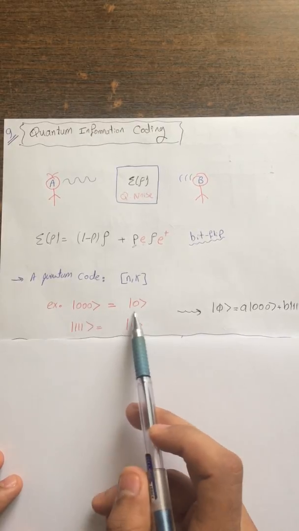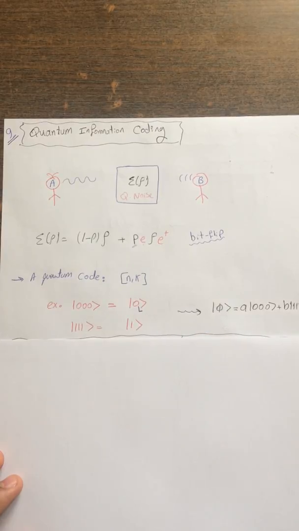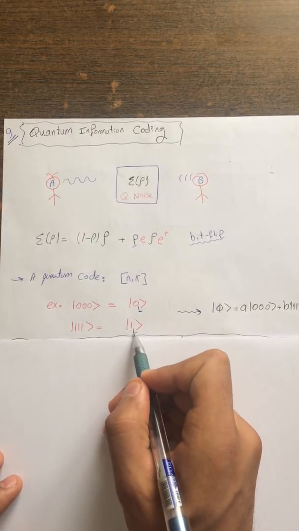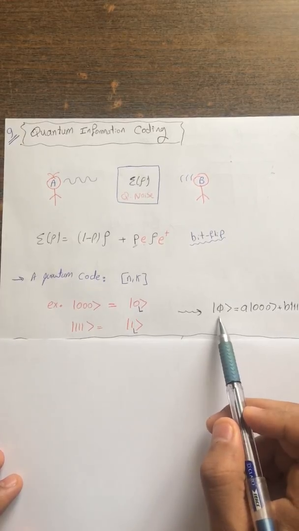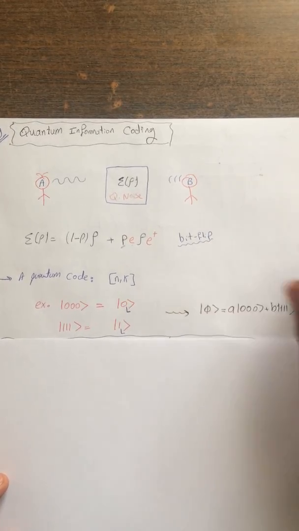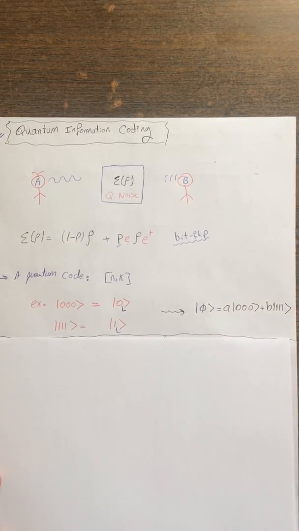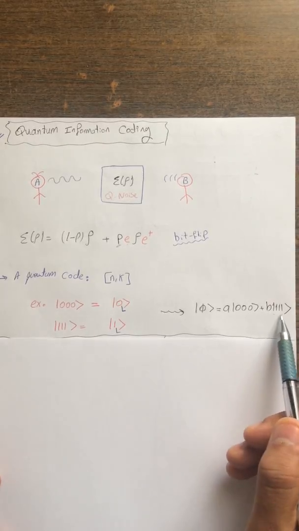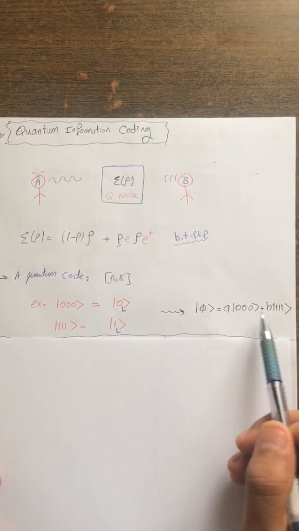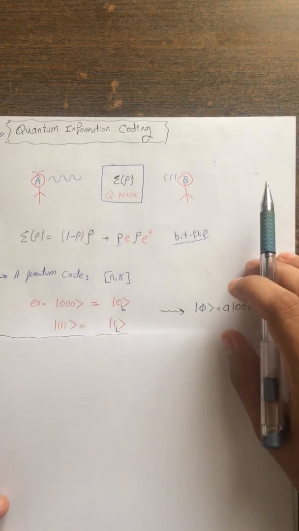So 3 zeros can be written as logical zero, and here logical 1 for this kind of code. We come back to our wave function, but here it's a quantum code, as phi is equivalent to a superposition of 3 zeros and 3 ones with their corresponding amplitudes a and b. Let's do what we did before.